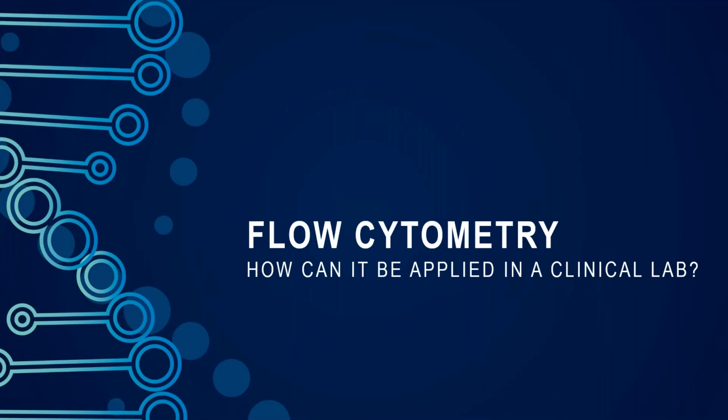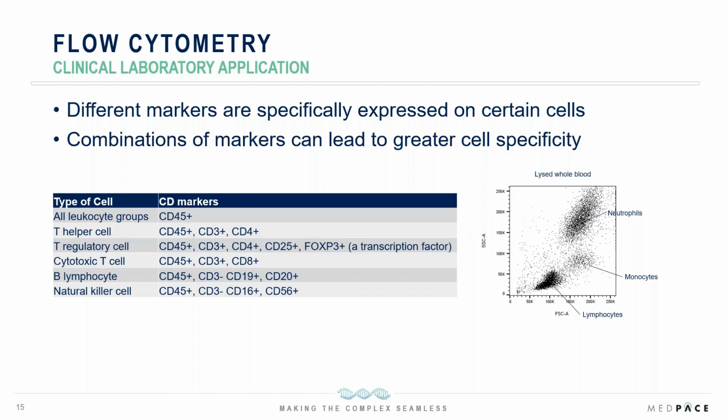So if we then look a little bit at how this can be applied in the clinical lab. Over time, different antibodies have been developed that identify different markers that are specifically expressed on certain cells.